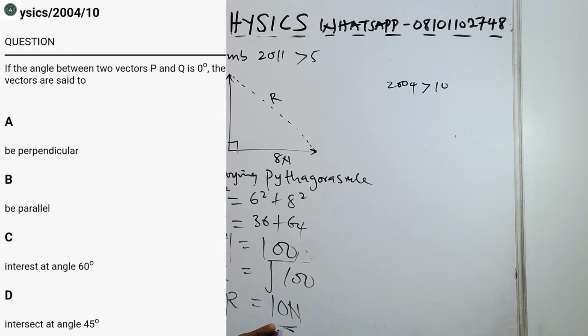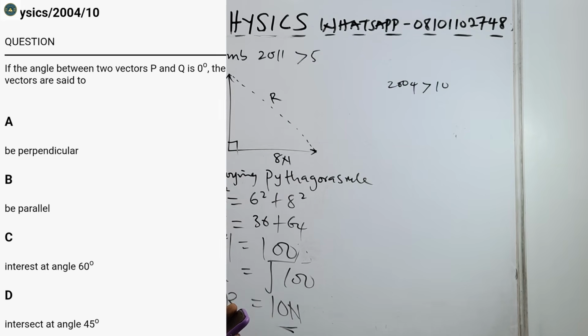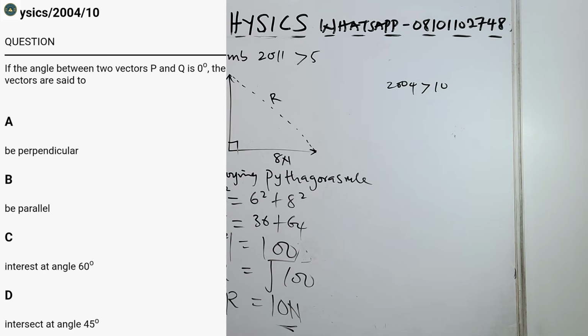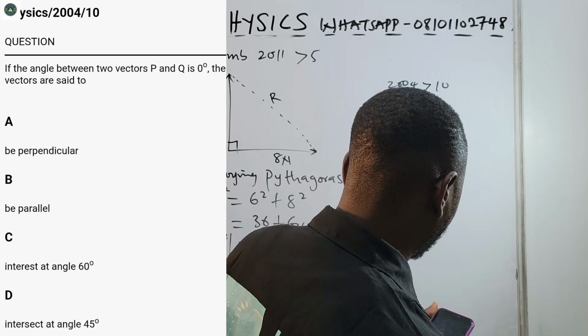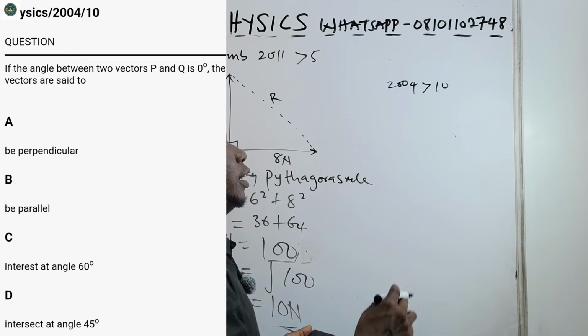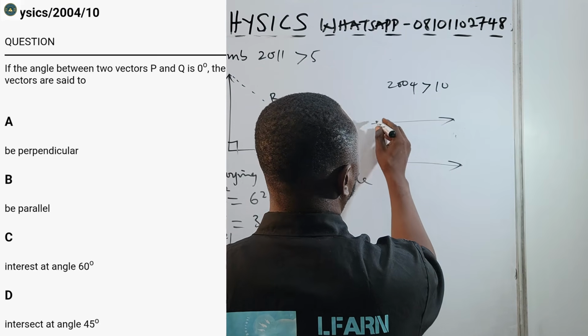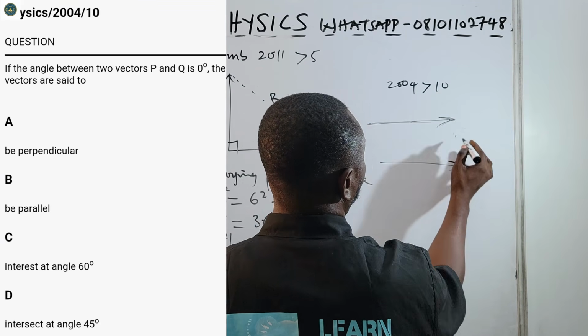It said if the angle between two vectors P and Q is 0, the vectors are said to be dash. A, perpendicular. B, they are parallel. C, intersect at angle 60. D, intersect at angle 45 degree. So when two vectors are acting at 0 degree, there's no angle linking the two vectors. So they are said to be parallel.